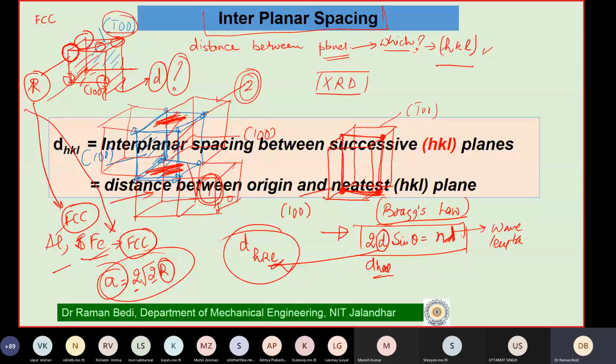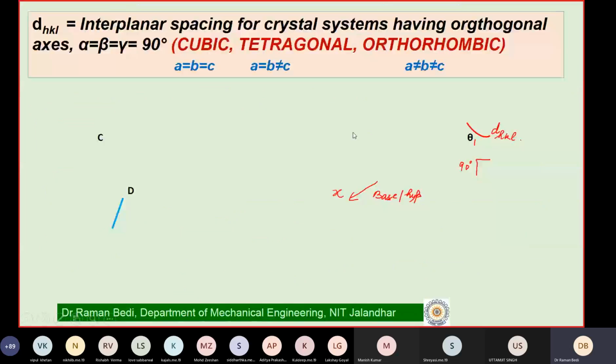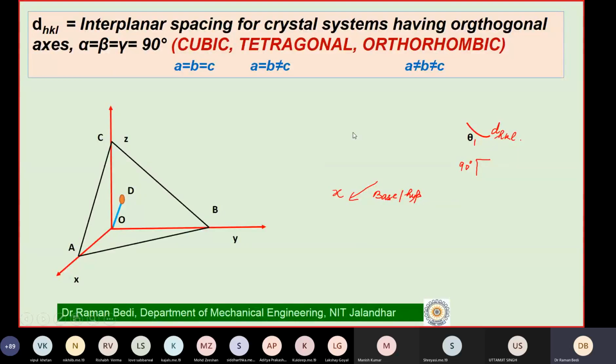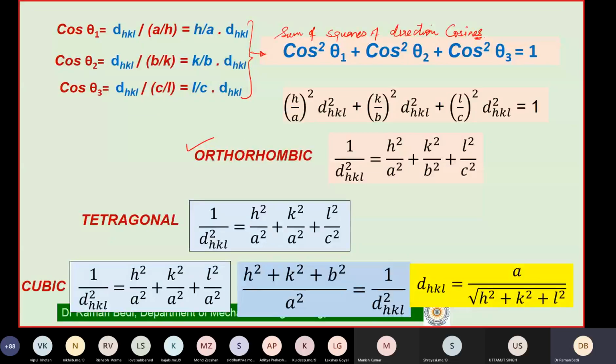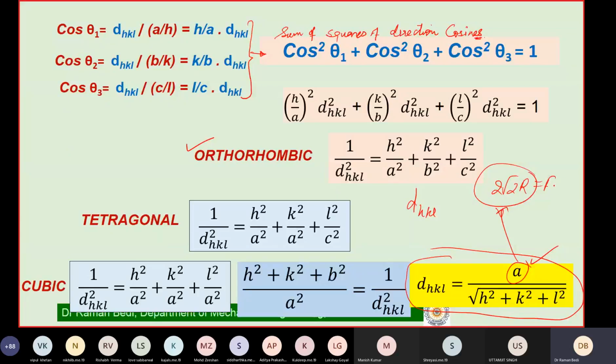We will get to this derivation next time, how you find out DHKL for different systems, and I'll give you the answer first. At the end, I will have this expression, the yellow one, for cubic systems: DHKL happens to be A, the lattice constant, which can be written as 2 root 2 R for FCC, divided by the square root of h square plus k square plus l square.